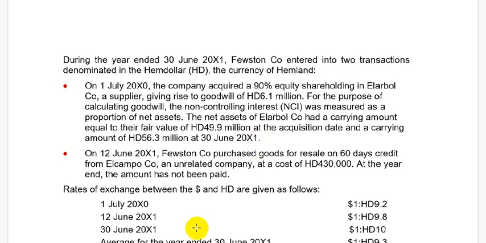To recap from knowledge, all transaction exchange differences go to profit and loss, and all translation exchange differences go to OCI. So we need to translate.